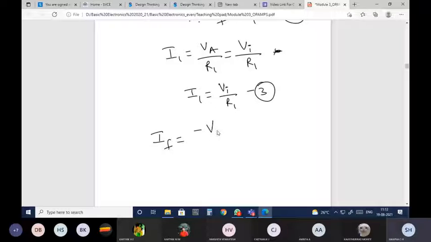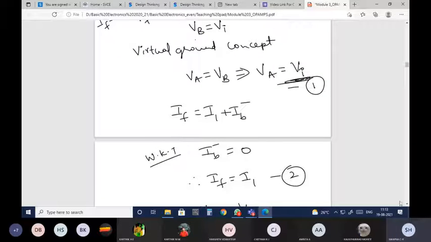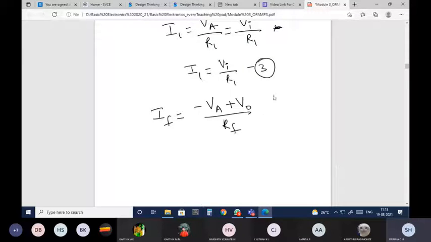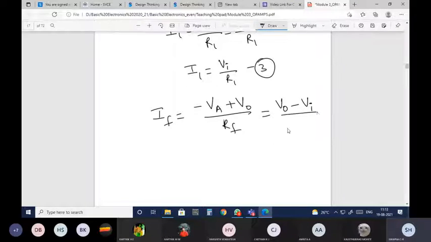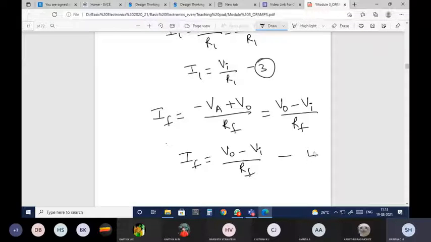And you know that what is VA? VA is nothing but VI. So that I'll substitute in this. So IF is nothing but V0 minus VI divided by RF. This I will name as equation 4.